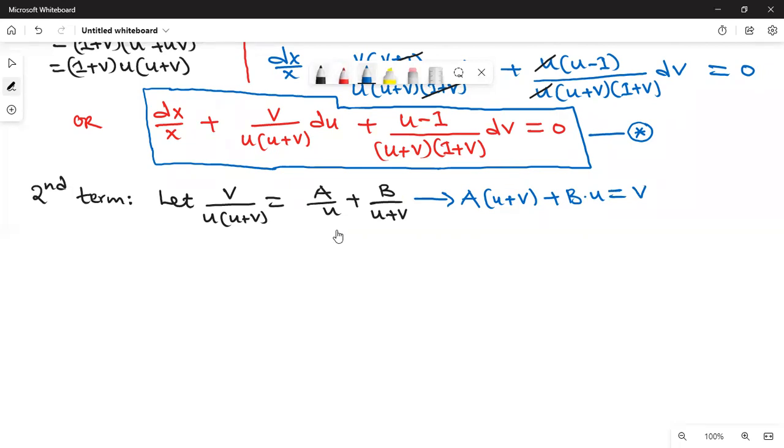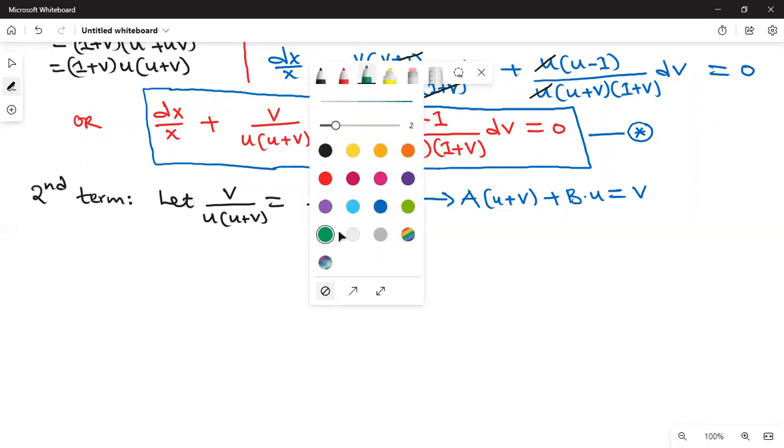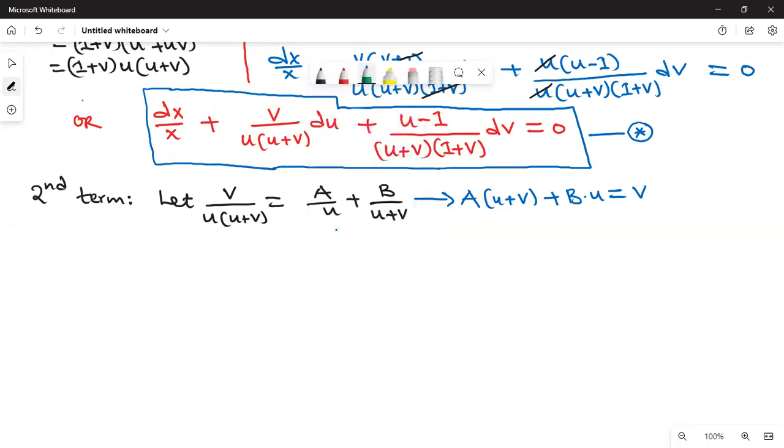In this equation, I can pick a different color. Let me use green. If I put, let's say, u is equal to 0, what will I have? The term in b will disappear, so the term in a will just be a times v is equal to v.